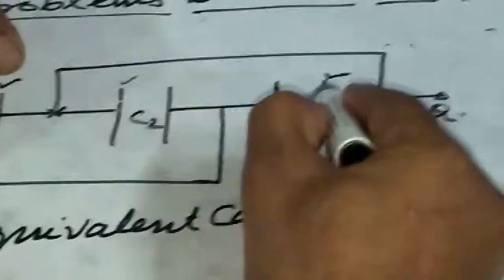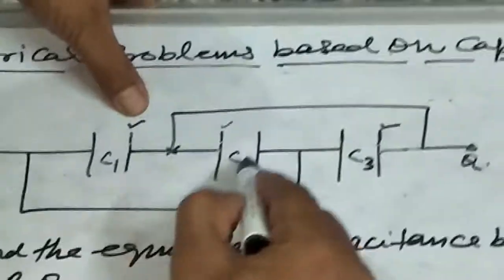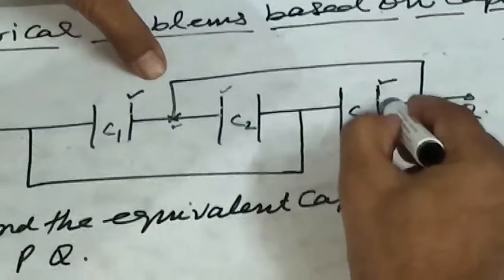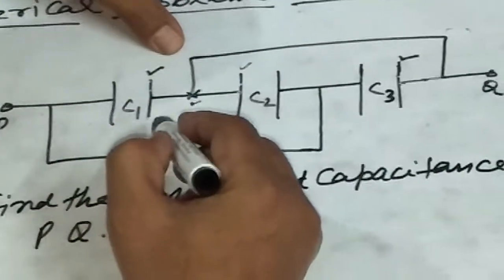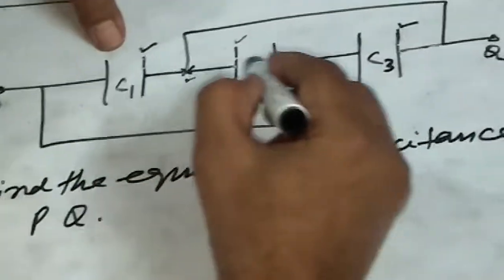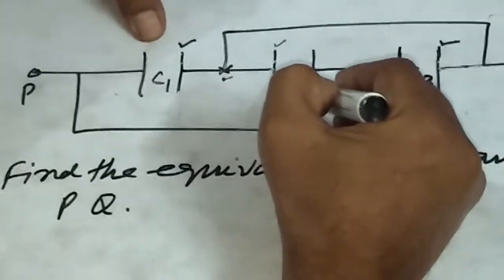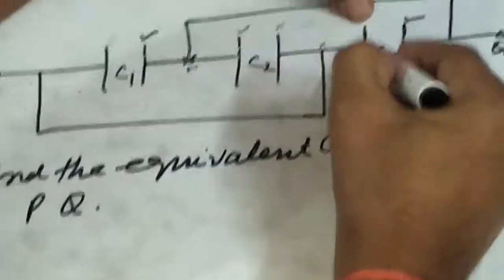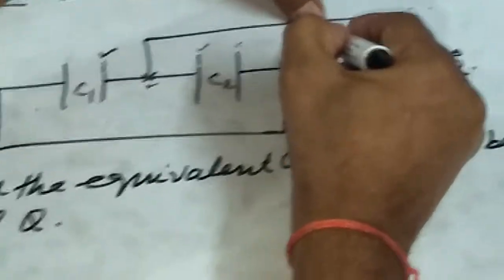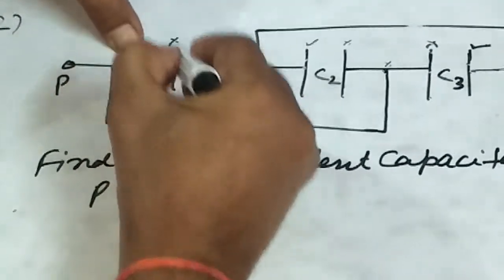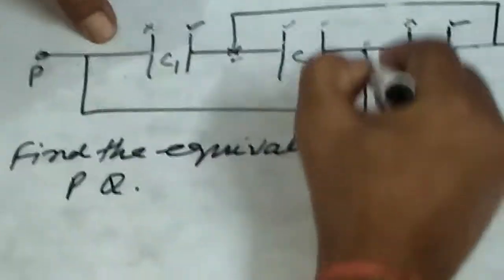It means this plate and this plate of the capacitors C1, C2 and C3 are connected to this point here through this wire. And now you see the other plates of the capacitors C1, C2, C3: where are they connected? This plate of C2 is connected to this point, this plate of C3 is connected to this point, and this plate of C1 is also connected through this wire at this point.